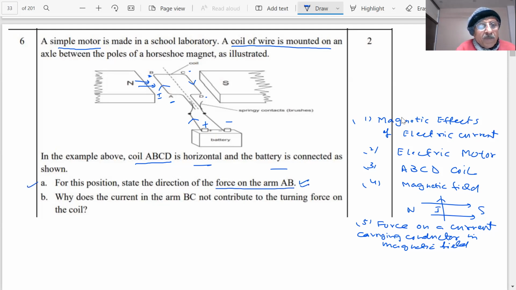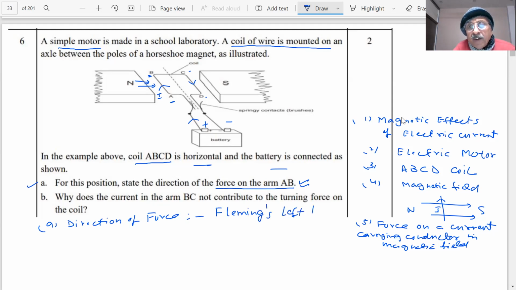First question, A. Direction of force is given by which rule, student? You have studied Fleming's left hand rule, student. You can check the NCERT book at page 231. They have given you Fleming's left hand rule. What is the Fleming's left hand rule?